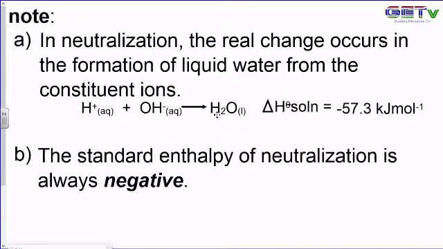And then the standard enthalpy of neutralization for this reaction equals minus 57.3 kilojoules per mole, which means this system is exothermic reaction because there is a negative sign attached to the standard enthalpy.